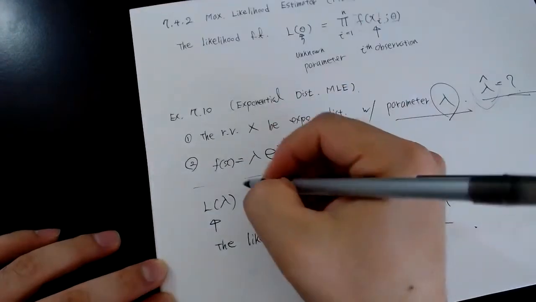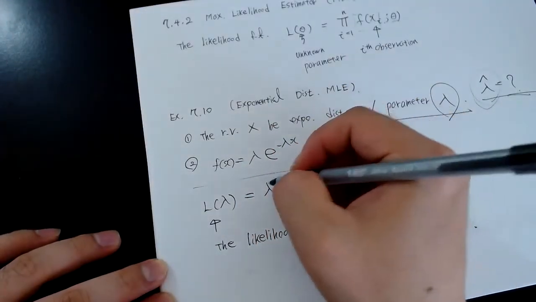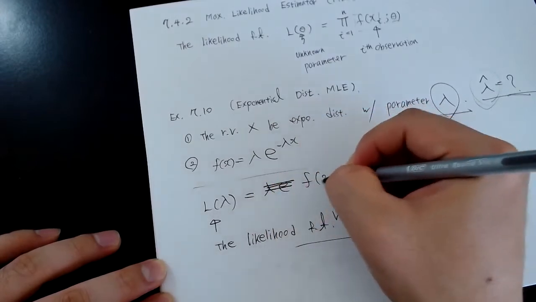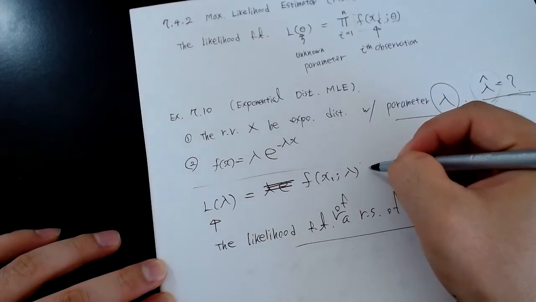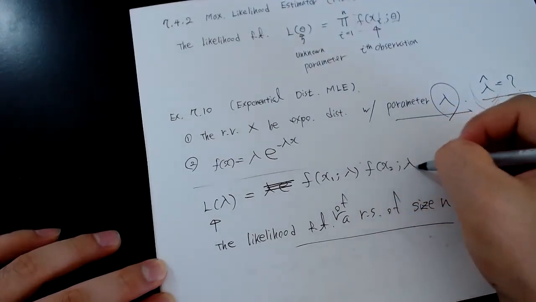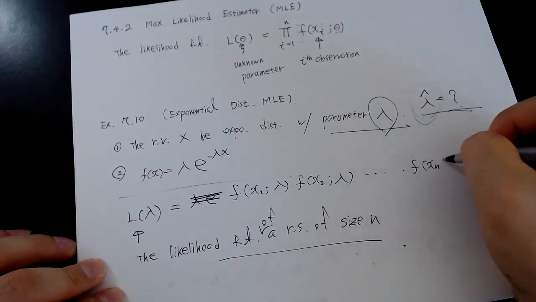That is equal to f of x1 colon lambda times f of x2 colon lambda, through f of xn colon lambda.